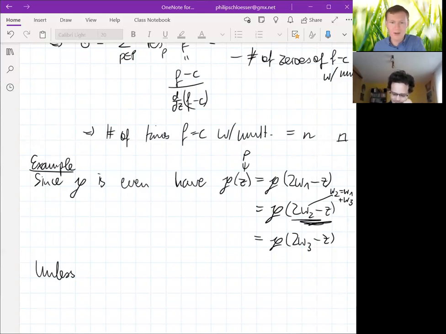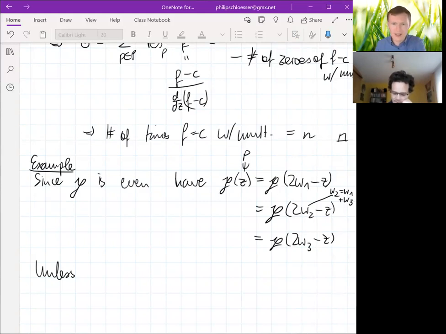This one is usually always in P, except when Z is on one of the two axes. And then it's either this one or that one. So we know that every value is taken twice. And here we always have another point in P that has the same value.